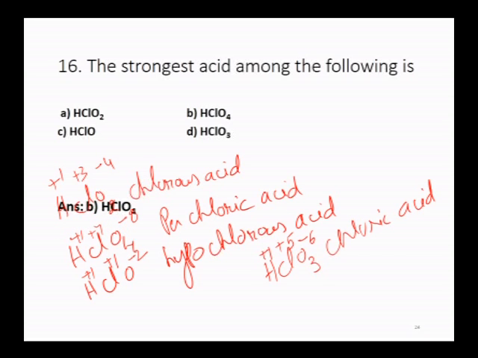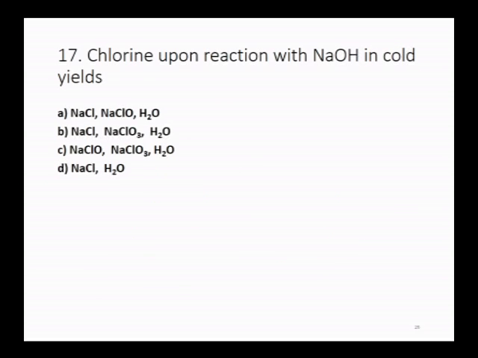Next, chlorine upon reaction with NaOH in cold, it produces. Chlorine reacts with sodium hydroxide, which is dilute and cold.